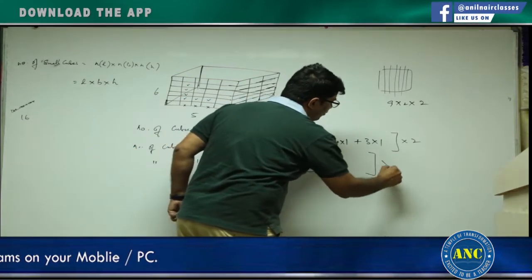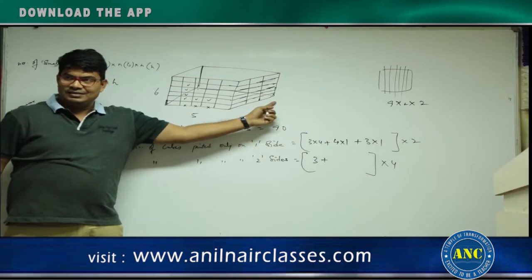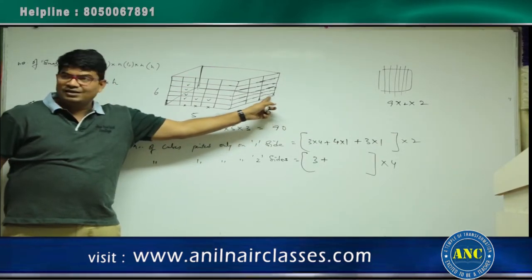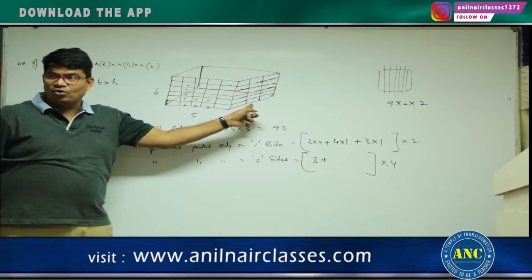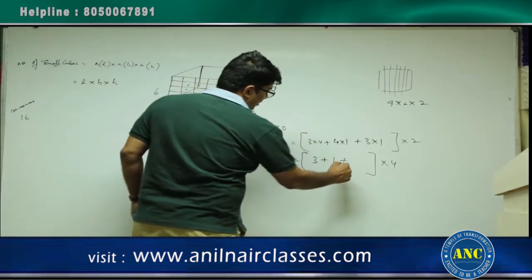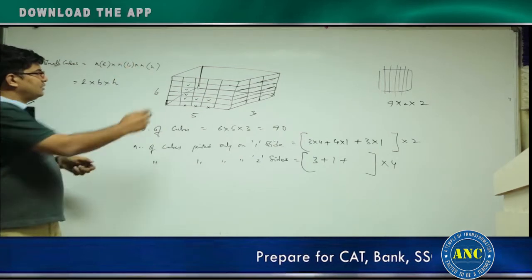Now on the breadth, only 1. Very good. Will this be the answer? No. This one will be the answer, on the edge side. So it will be only 1. On the height, 4.